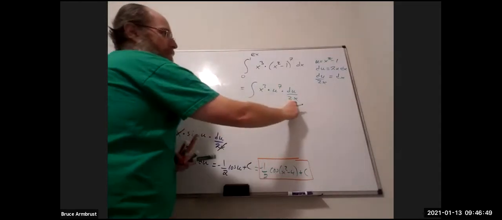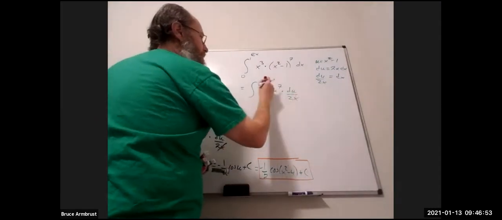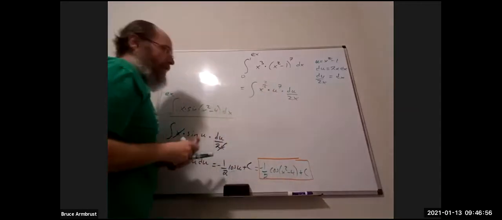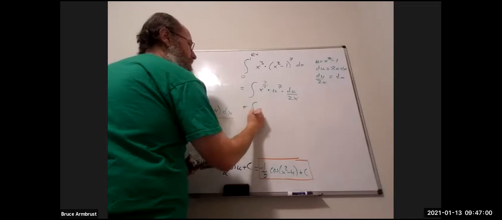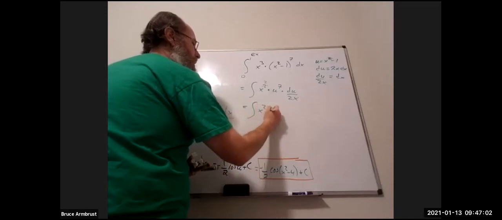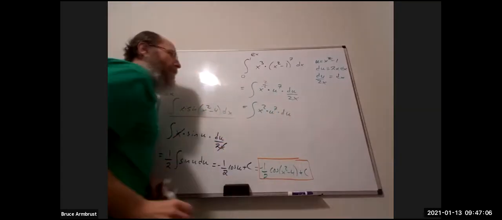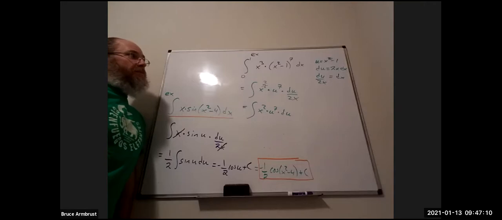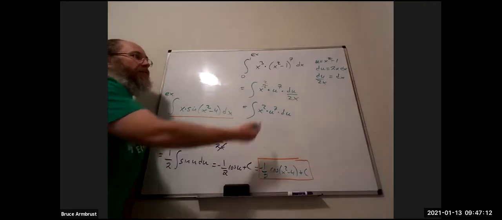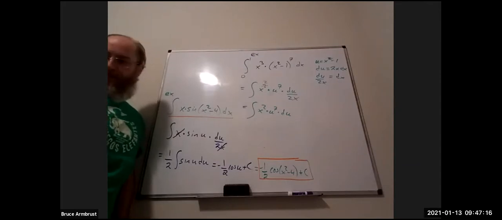So this x that was down with the du is going to cancel with one of the x's there. So here's where we are once we substitute in for the stuff inside the parentheses and the dx.